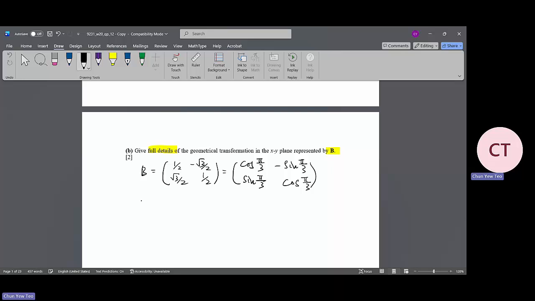Therefore it is representing a rotation of pi over 3 radian anti-clockwise about the origin. That is the answer for part B.